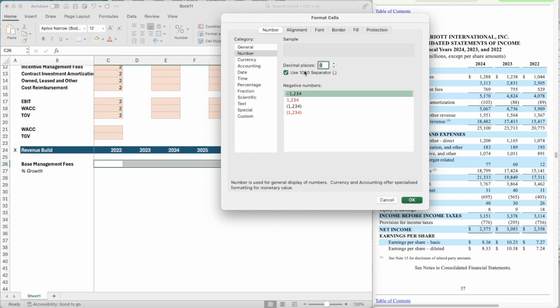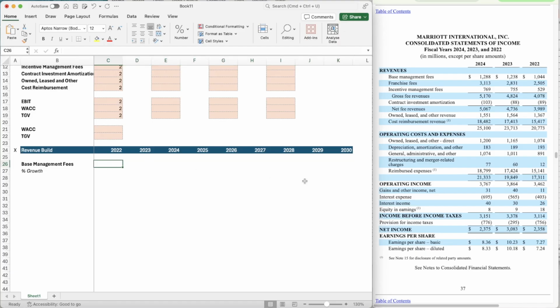On the numbers, have no decimal places. Use the thousand separator and brackets to display negative numbers. That doesn't happen for revenue. Actually, let's build out a bit more: bear, base, and full. Perfect.